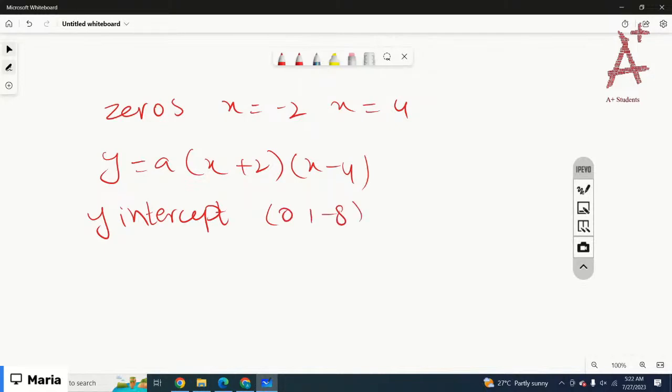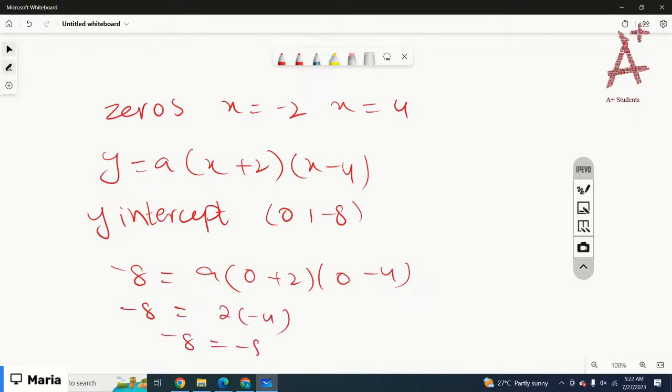So just use the y-intercept and calculate the a from this equation. So x is 0, y is negative 8. Negative 8 equals a times (0 + 2)(0 - 4). So it would be negative 8 equals 2 times negative 4.